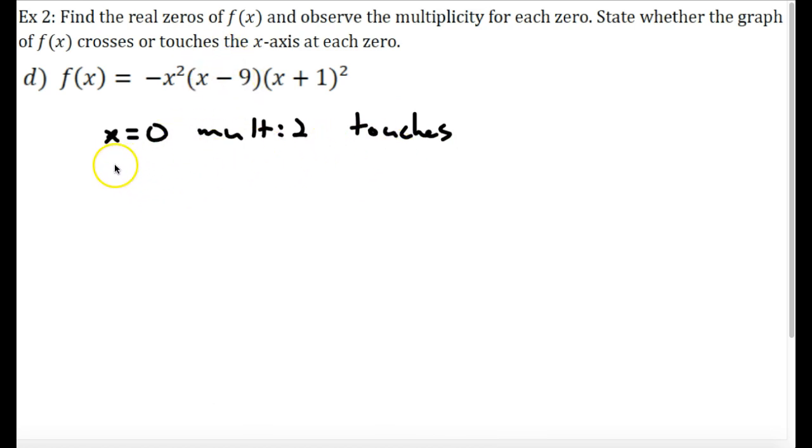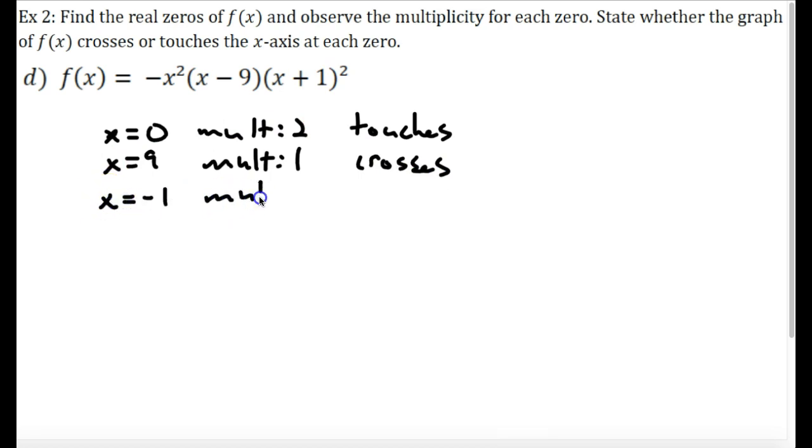My second one would be x equals 9. Its multiplicity is 1, and that means it crosses the x-axis. And my third one, x equals negative 1, has a multiplicity of 2, and that means it just touches the x-axis. Okay?